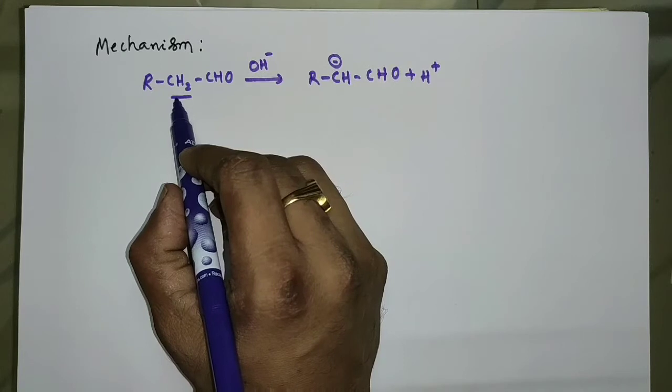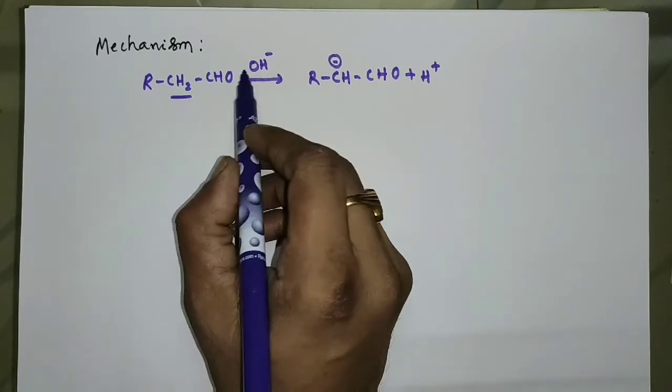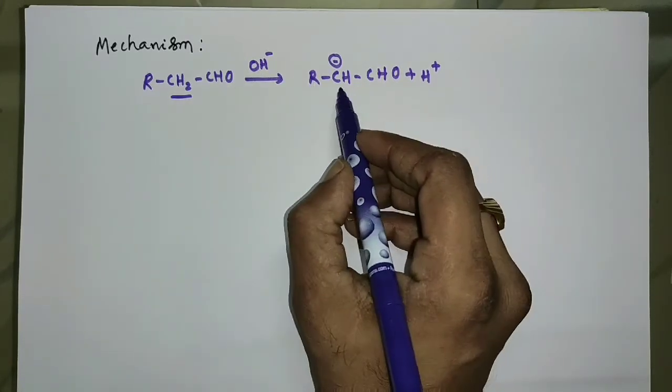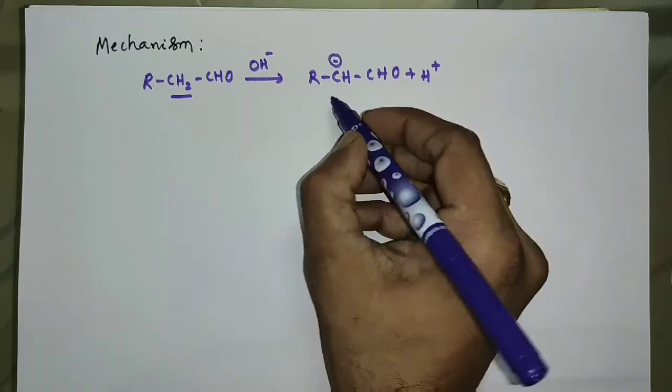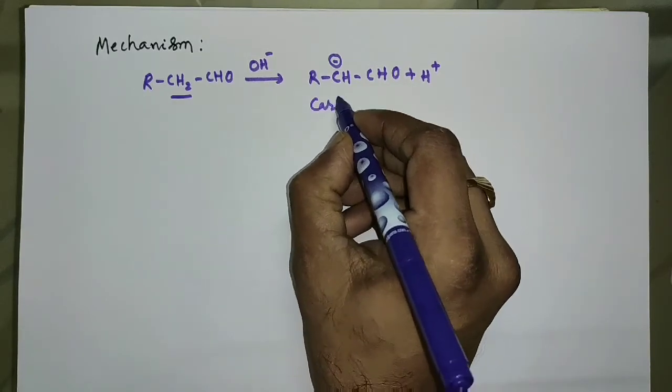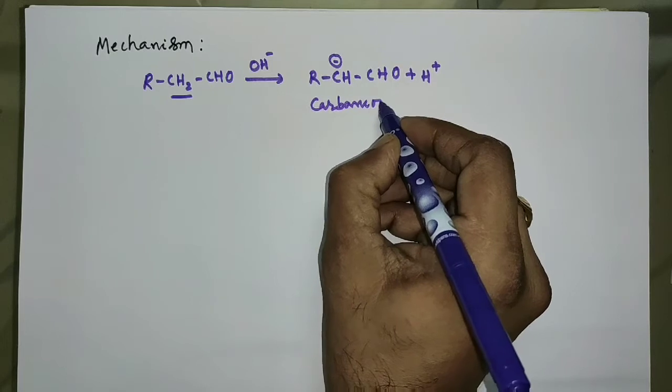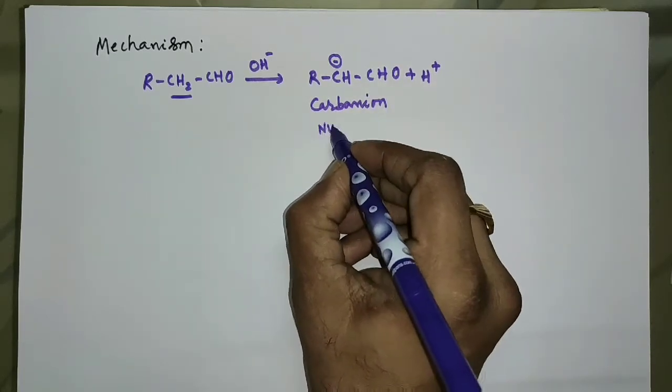As alpha hydrogen is acidic, it will be removed by base and will give you a carbanion which acts as nucleophile.